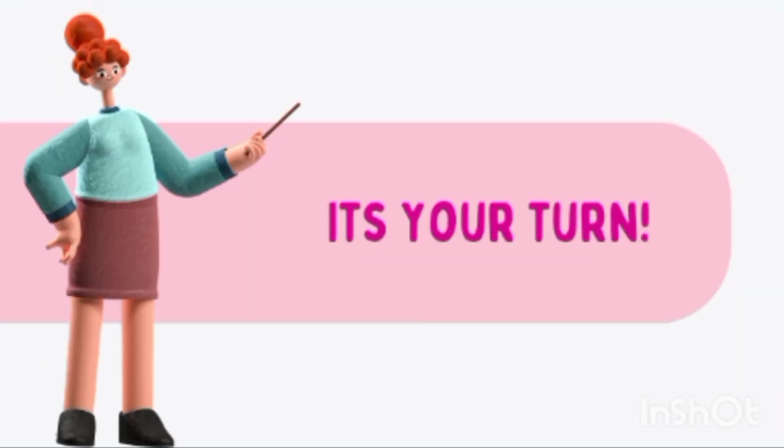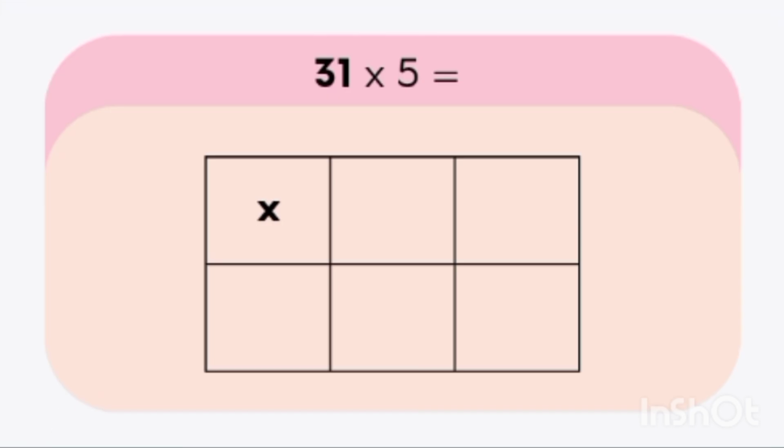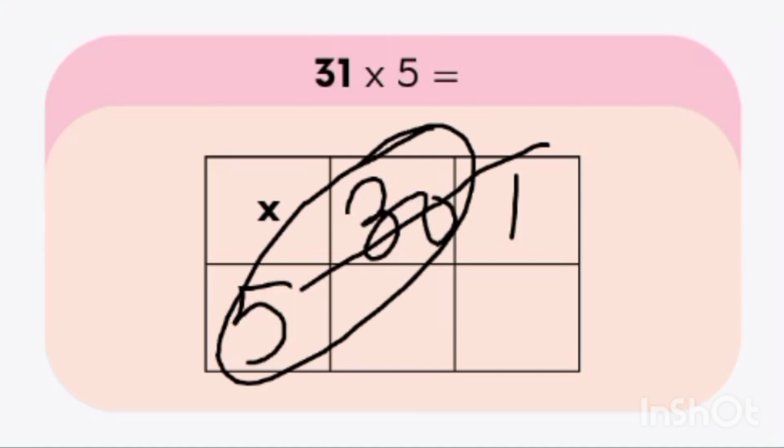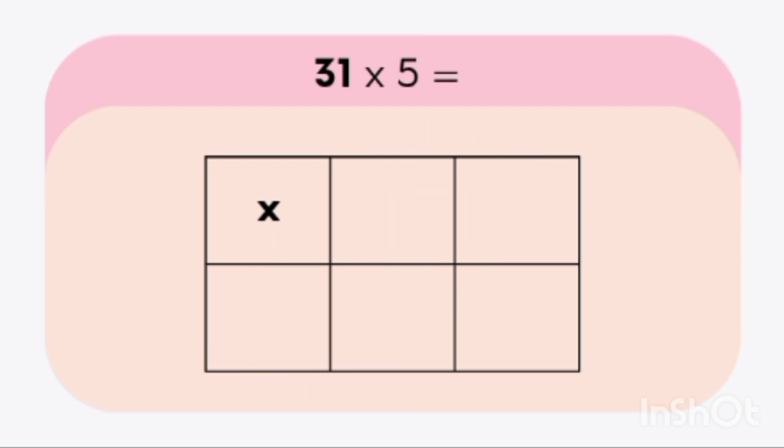Okay, now it's your turn. Let's try some questions together. For example, 31 multiplied by 5. What we need to do is partition the number 31. We can partition 31 into 30 and 1, according to the place value. Then we multiply 30 with 5 and 1 with 5, like this.